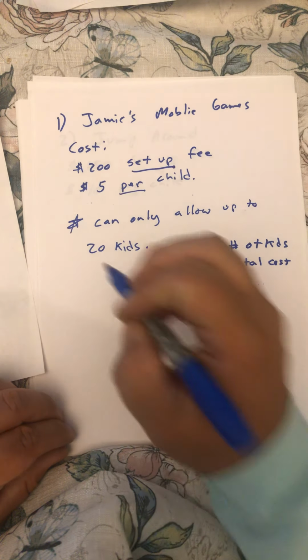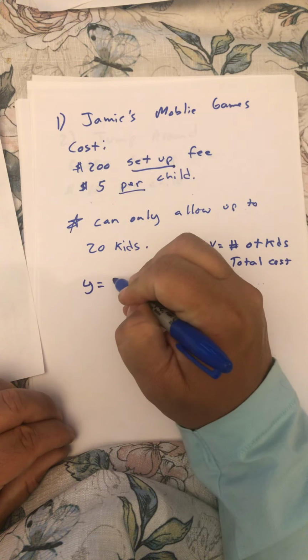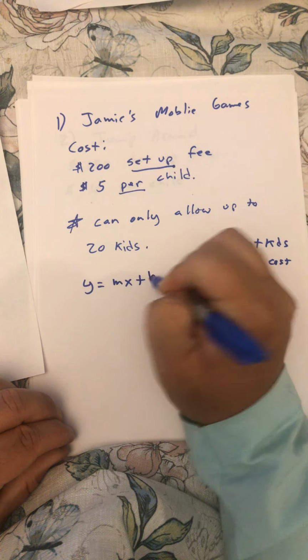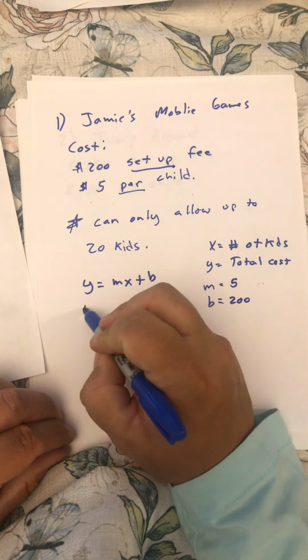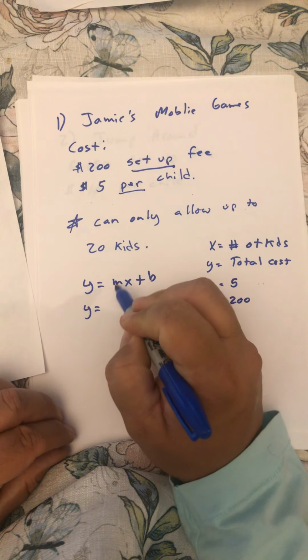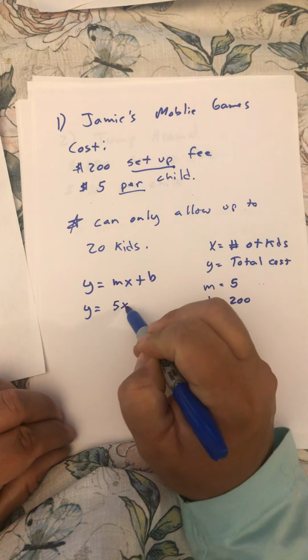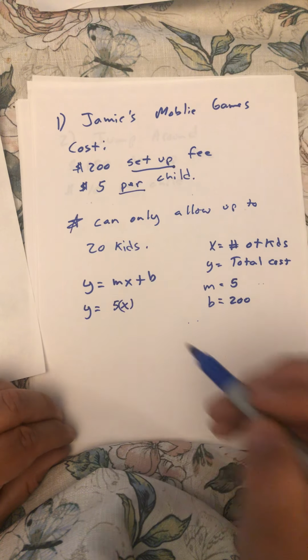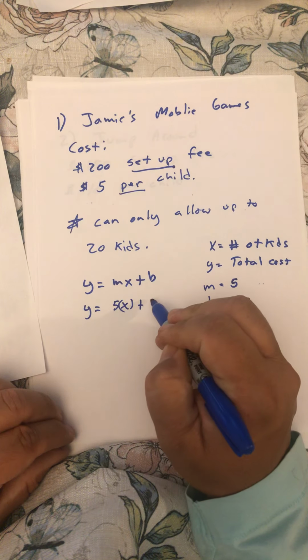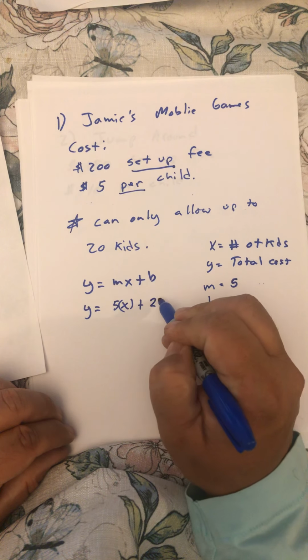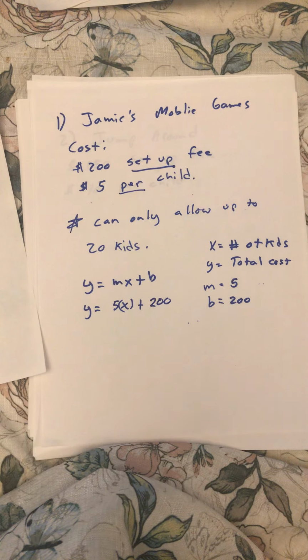So now it's easy to fill in the equation, y equals mx plus b, because we know that y is going to be our outcome. Our m is $5 per child, so x, remember, is the number of children, plus our y-intercept, which is, it costs $200 just to show up, and there's our equation right there.